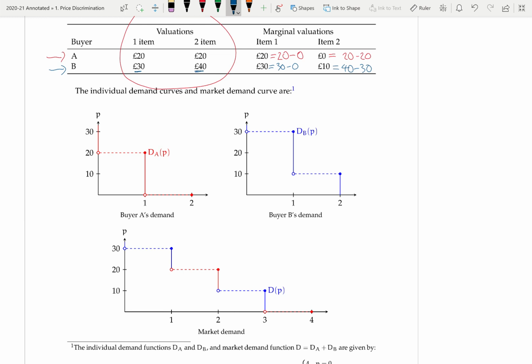That is, if the consumer is indifferent between buying something or not, then I assume they do buy. Okay, so that's how to derive the individual demand curves and the market demand curve given the valuations of buyers. So to sum up, to find the demand curves, you take the valuation of the buyer, find the marginal valuations, and essentially plot the marginal valuations.